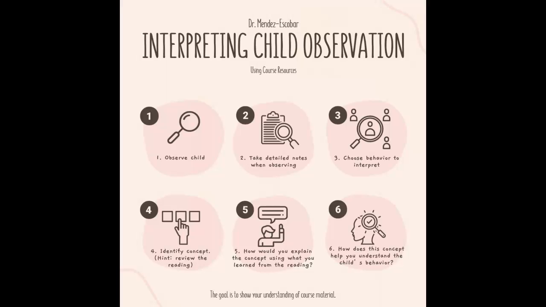These steps are not your assignment. This is just walking you through how you would interpret one behavior that you chose so that you can explain the child's development using information from the textbook. So you can read the assignment directions and then use these steps to help you interpret their development.